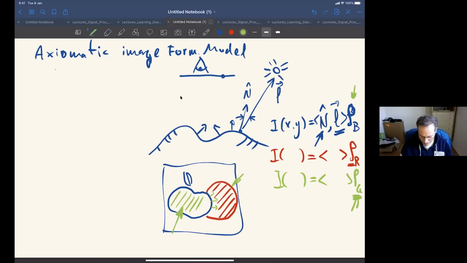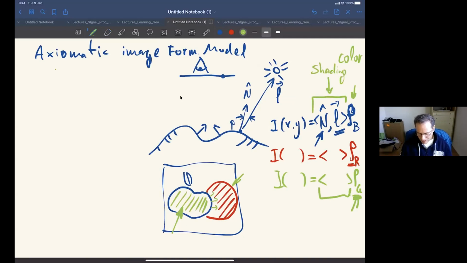So within an object, the albedo would more or less be the same. The change in intensity that I would see would correspond to what we call the shading part of the equation. So this is the color, and I assume that objects have more or less the same color, and this is the shading part.